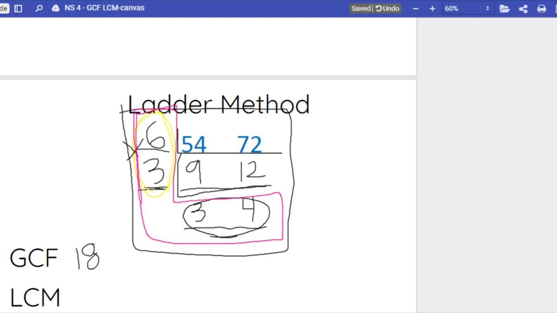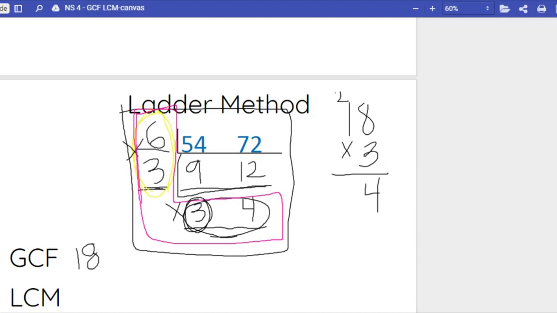I take the numbers out front and the numbers underneath, because they make an L, and then I multiply them. I have already multiplied 6 times 3, and I know that's 18. Now I need to multiply it by this 4 right here. So 18 times 4. 8 times 4 is 32.